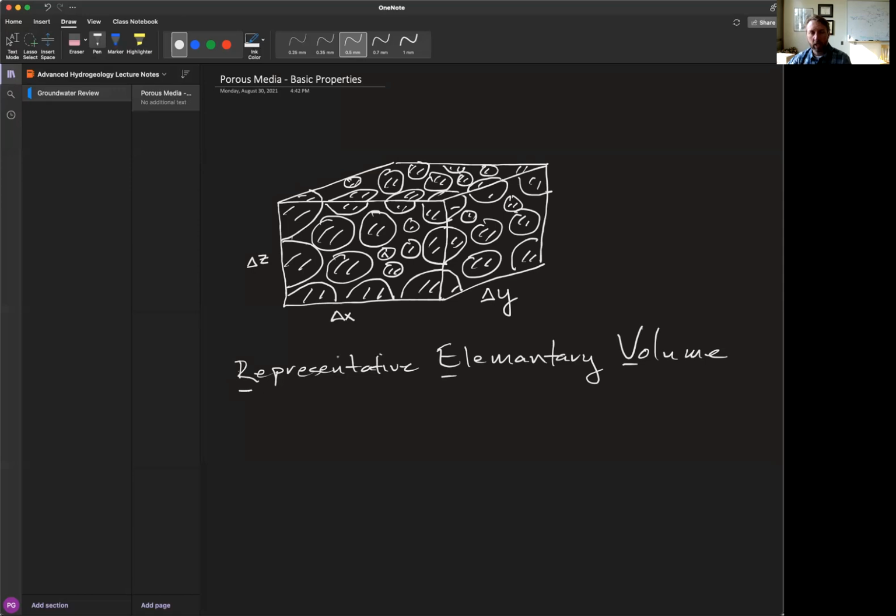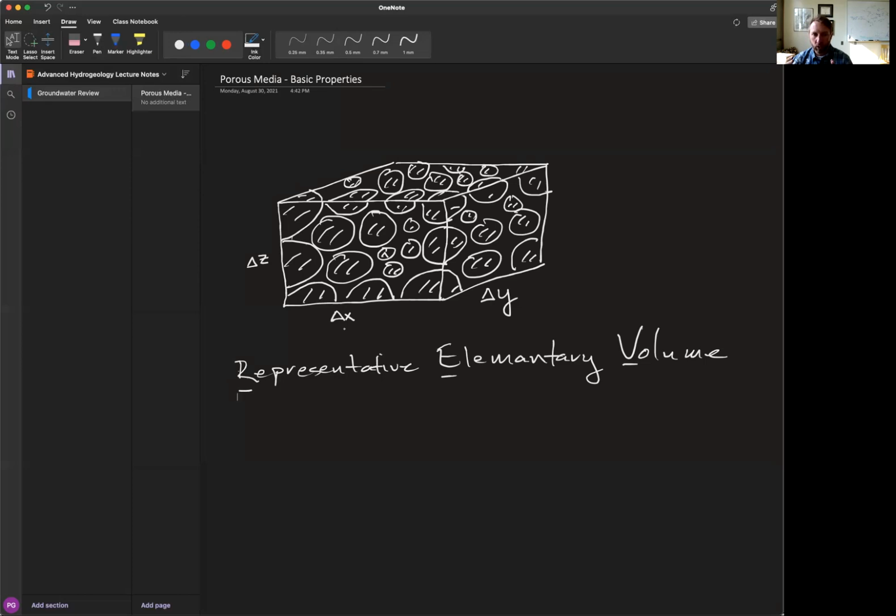And this size is a special size where a property that we're interested in the porous media, so for example, we'll talk about porosity, this size is enough that we've encompassed enough grains that porosity is smoothly varying from place to place.